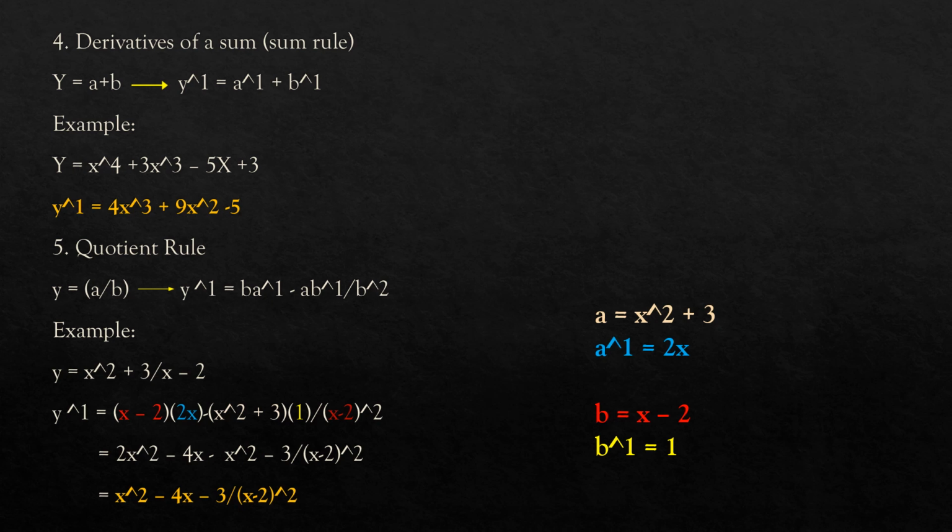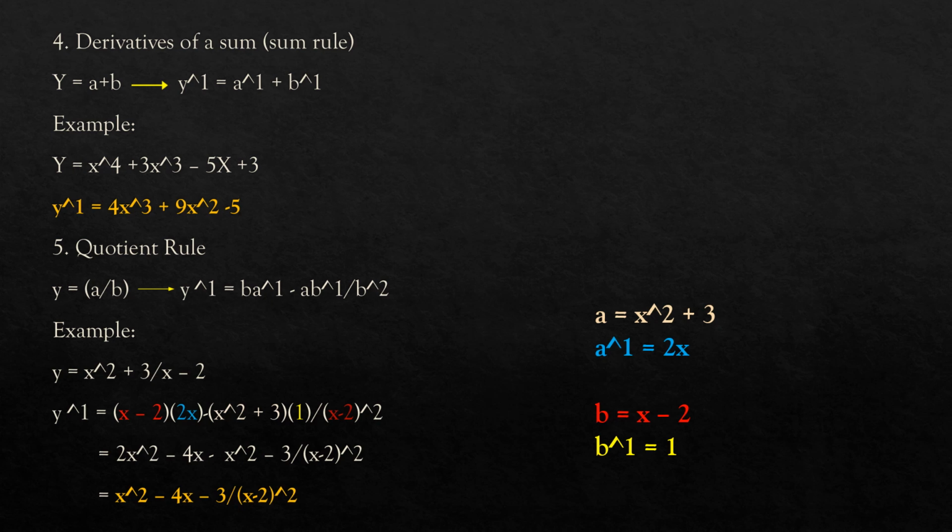So the derivative is 4x raised to 3 plus 9x squared minus 5.